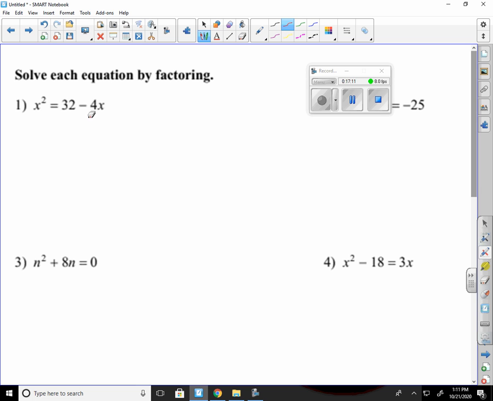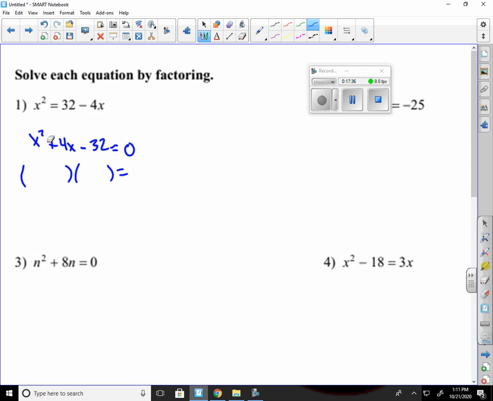Today's homework assignment. Here I have to get everything on the same side to start with. So that's x squared plus 4x minus 32. I added the 4x over because it was a minus. I subtracted the 32 over because it was positive. Now what multiplies to give me 32 and adds to 4?